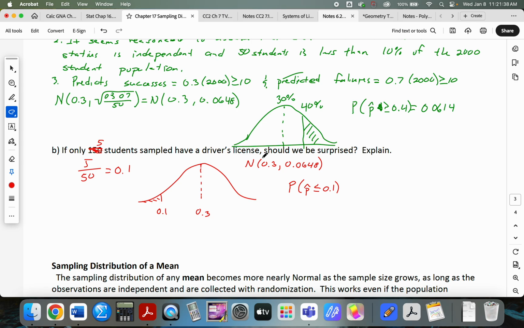You tell them I'm using a normal model and I'm finding this probability down here in the left-hand tail. Okay? So you can either do that on the TI as a normal CDF, or you can do that on the NumWorks.